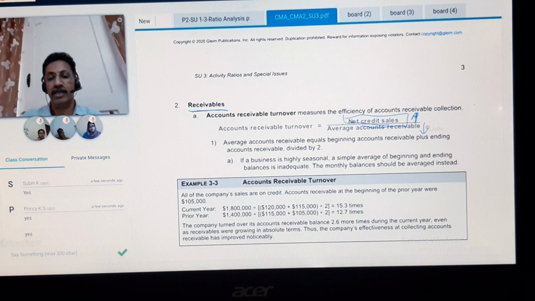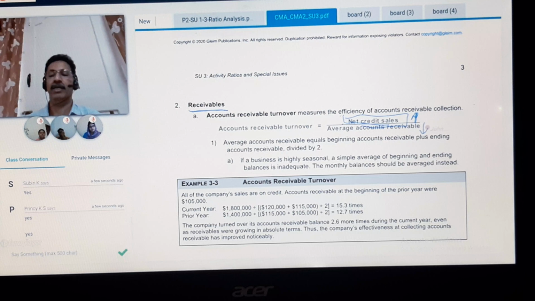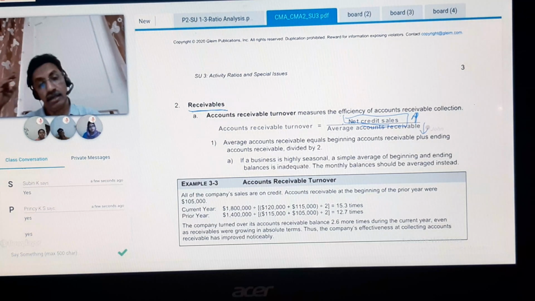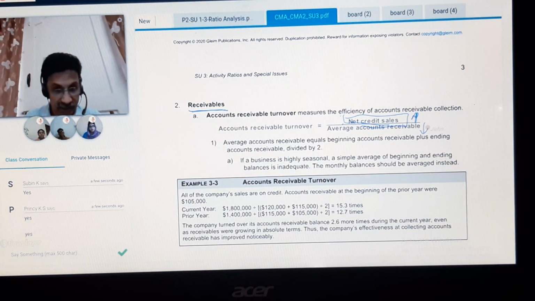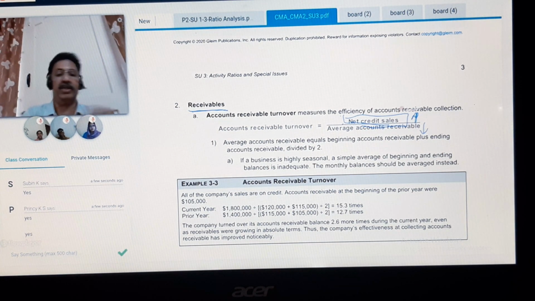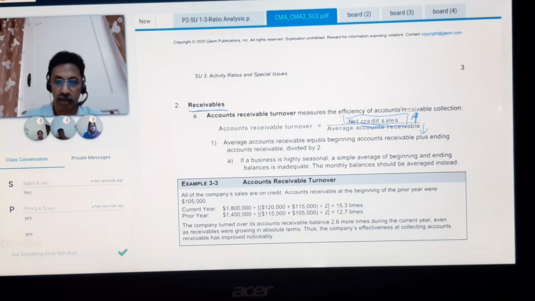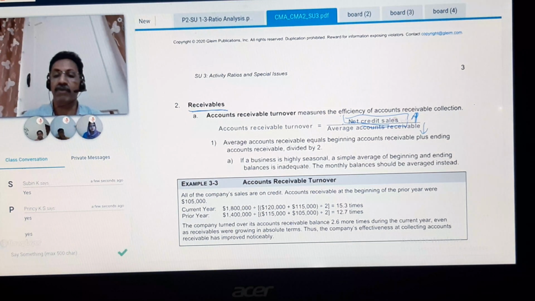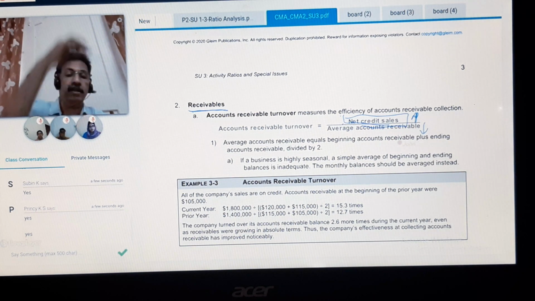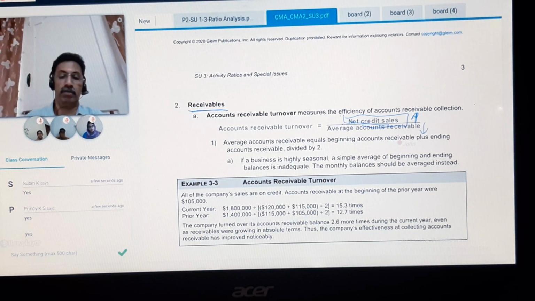If the numerator is increasing and the denominator is decreasing, then definitely the ratio will increase for sure. For a given level of receivable, if the sales is increasing, definitely the turnover ratio will increase. For a given level of sales, if the denominator is reducing, then definitely the turnover ratio will be increasing.